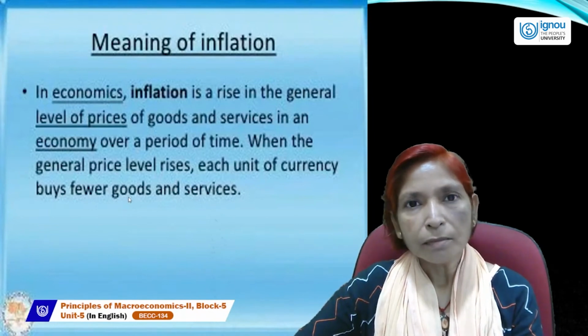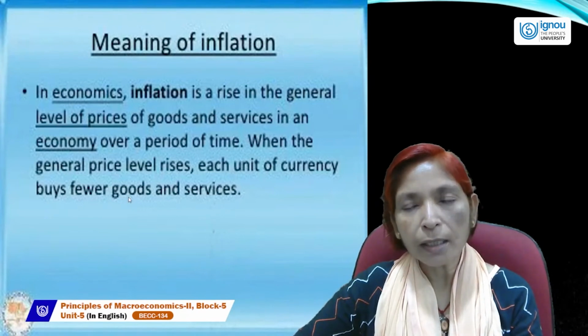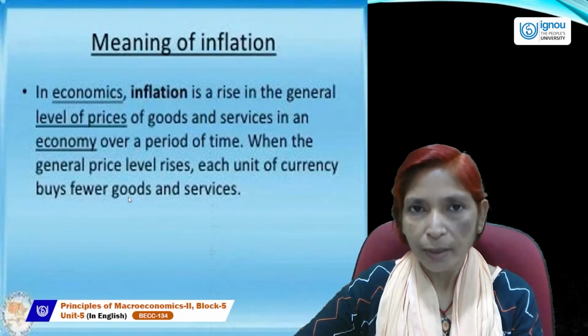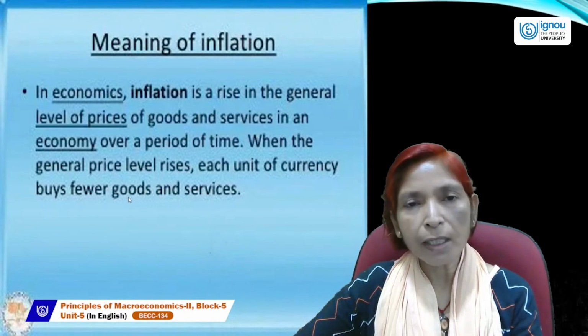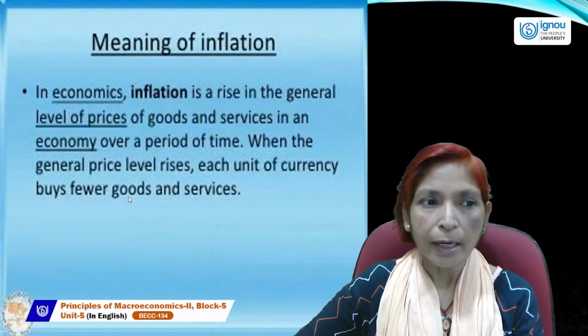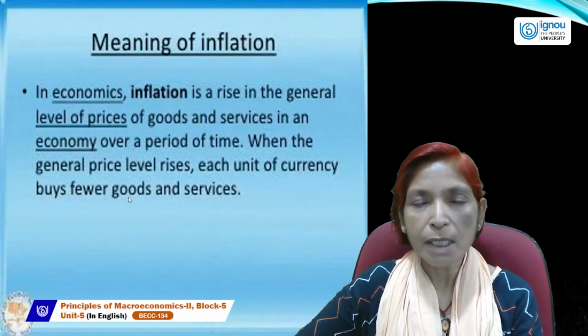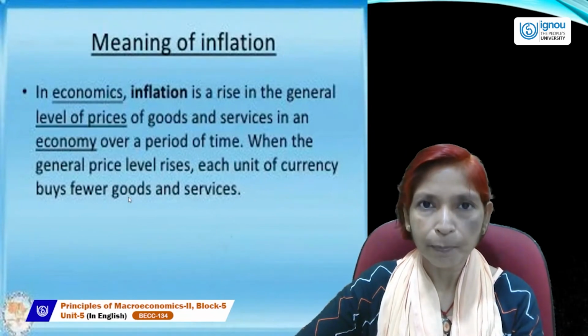Real income is calculated by dividing nominal income by price level. If price level increases, then real income will fall. And when price level falls, real income or purchasing power will rise.